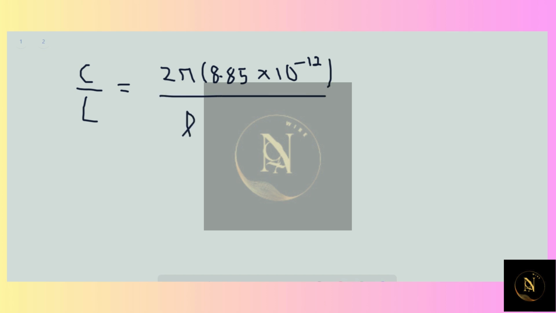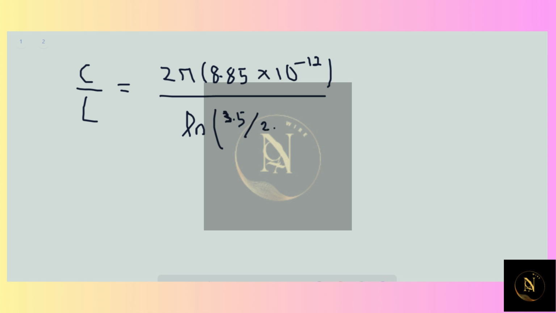C over L, the capacitance per unit length, is 2 times pi times epsilon naught, which is 8.85 times 10 raised to negative 12, divided by the natural log of the outer radius 3.5 mm divided by the inner radius 2.2 mm.